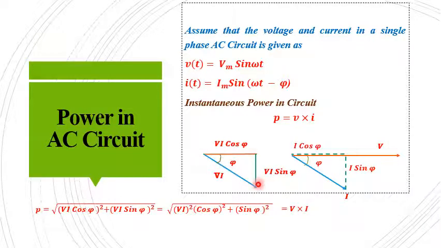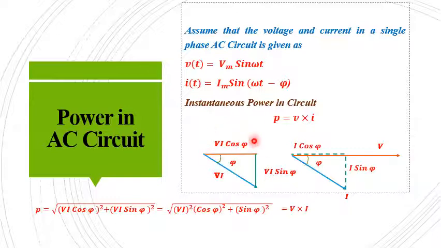Then the total will be the vector sum of VI cos phi and VI sin phi, that is root of V square I square into cos square phi plus sin square phi. Cos square phi plus sin square phi is 1, so that is equal to root of V square I square, or VI.